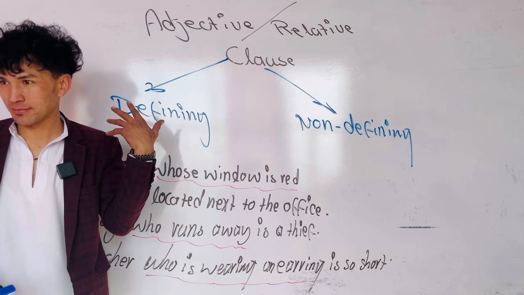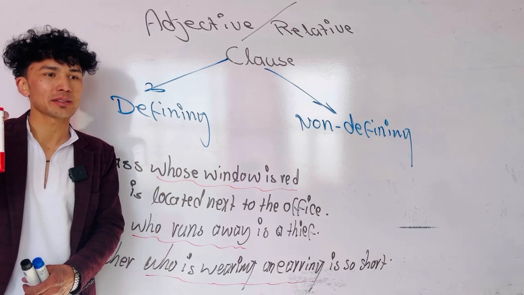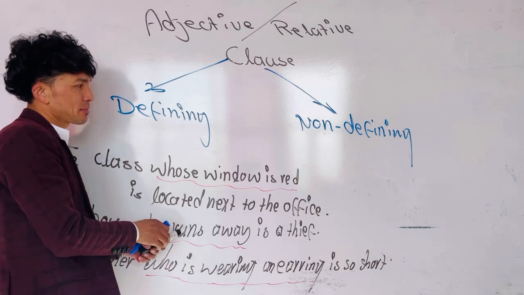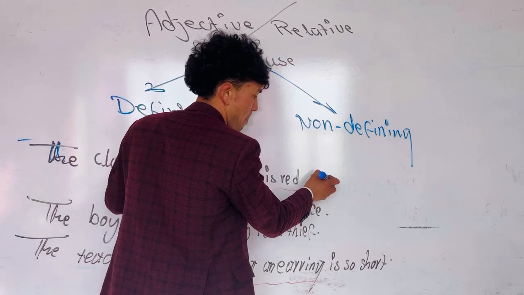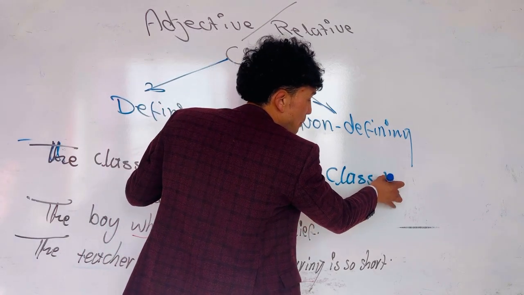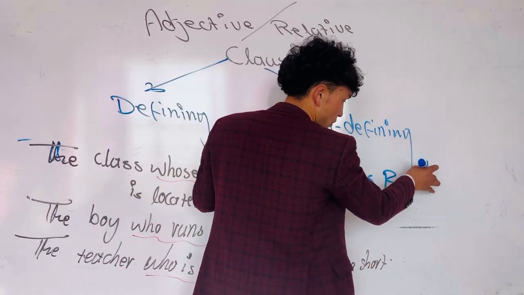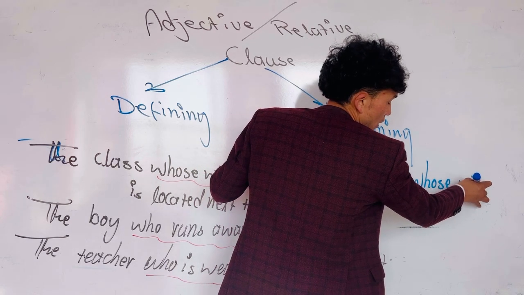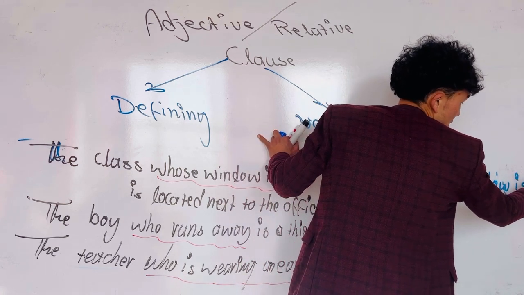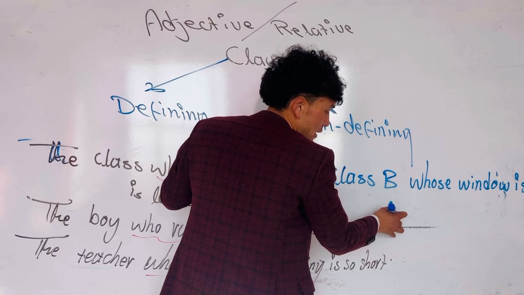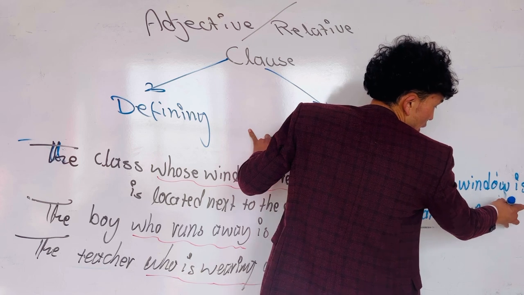It gives extra information about the noun. Even if we take out the adjective class, the sentence makes clear sense. For example, the class. We can say, Class B, whose window is red, is located next to the office.